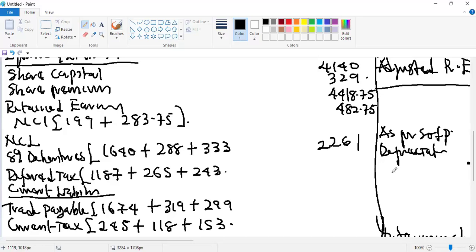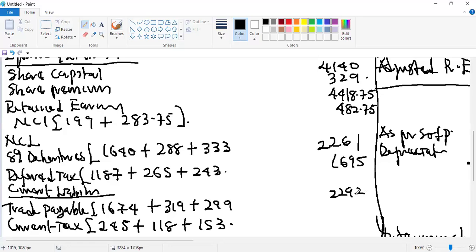1187 plus 265 plus 43 is 1695. 1674 plus 319 plus 299 is giving me 2288.